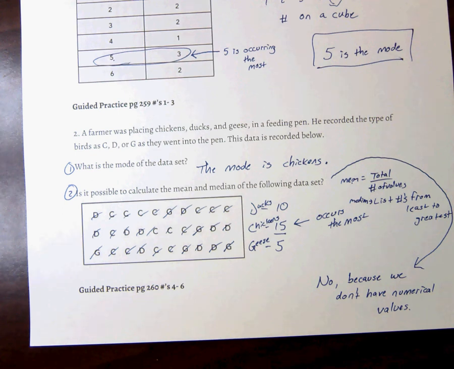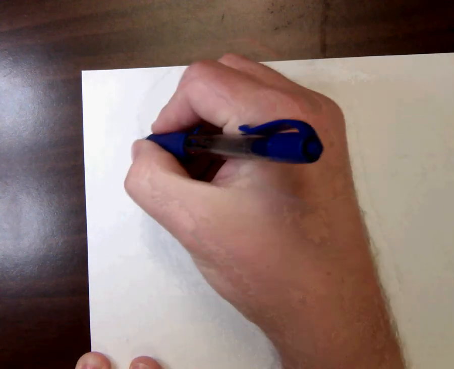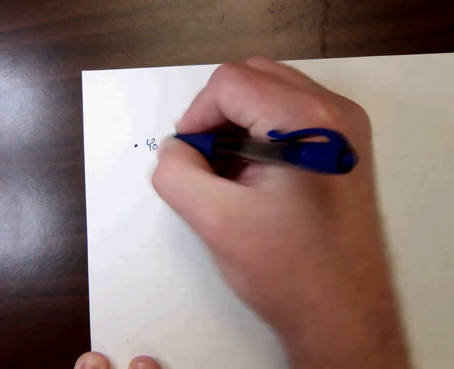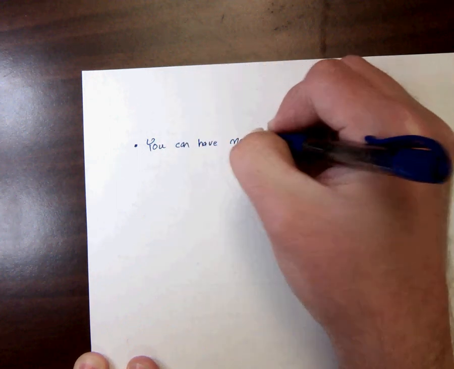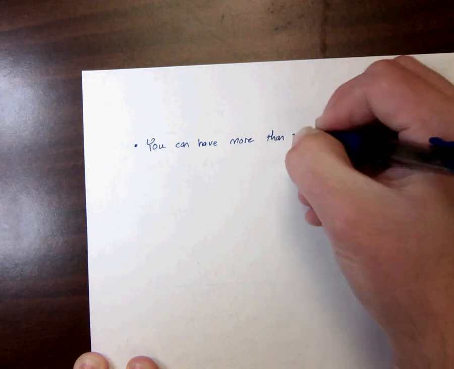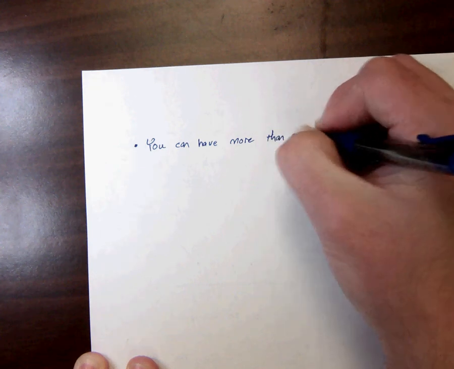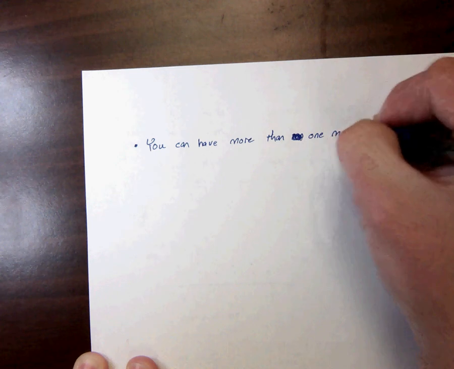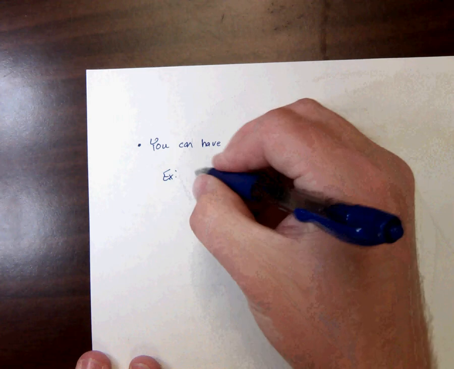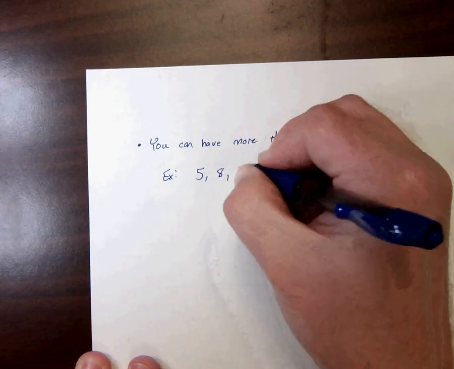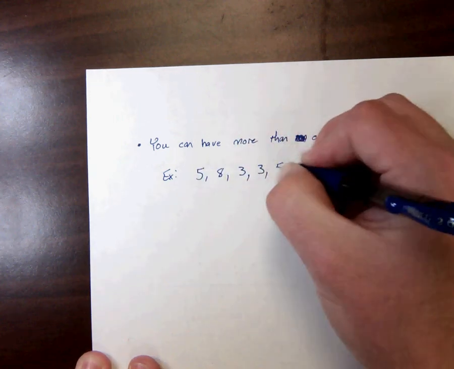All right. One extra bit of information. So, like I said, you can have more than one mode. Quick example. Let's say we have 5, 8, 3, 3, 5, 9, and 10.